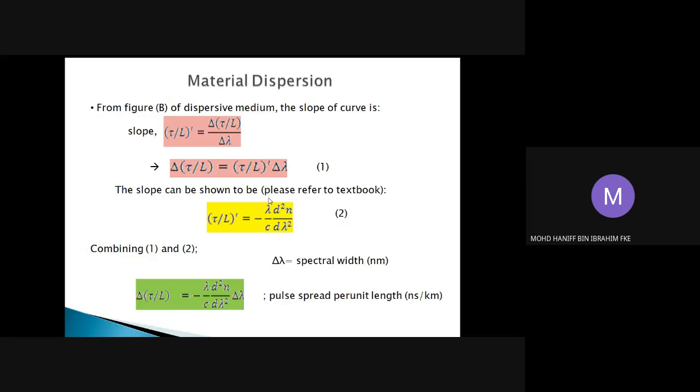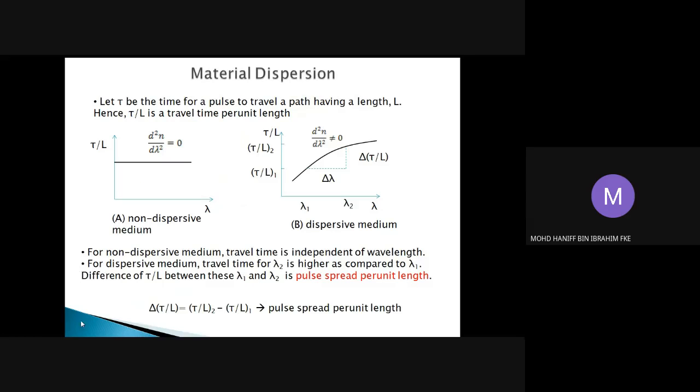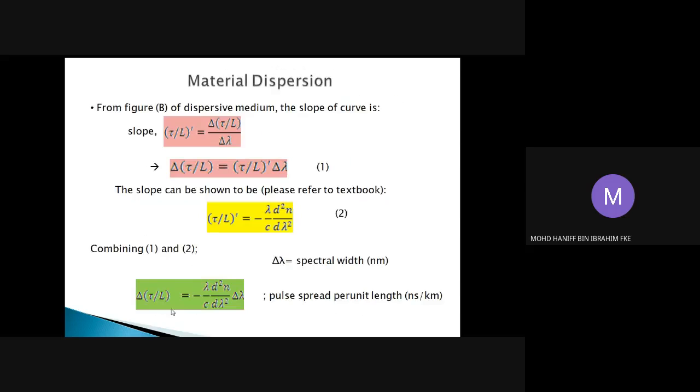If we substitute equation 2 into equation 1, we're going to have this equation here, where delta tau over L is the pulse spread per unit length. So delta tau over L, the pulse spread per unit length, equals tau over L prime, which is negative lambda over c, d squared n over d lambda squared, multiplied with delta lambda.